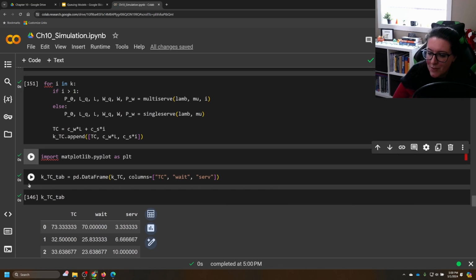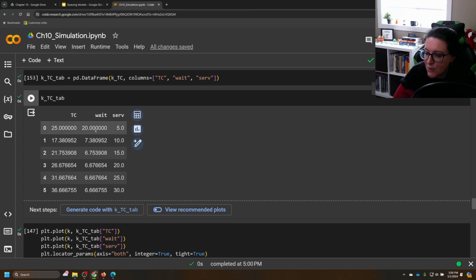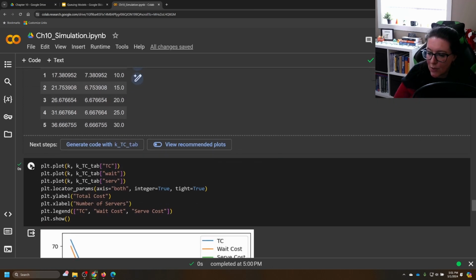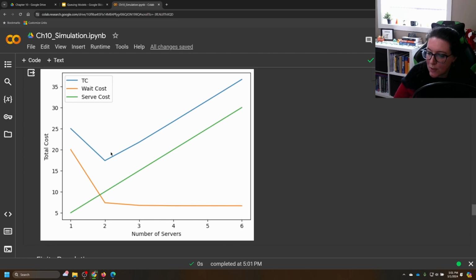Okay, so we can look here in this case, and we can see that after the first scenario here, the server is more expensive than the wait. And so we can then look at that graph here, and you can see total cost minimizes here at the number of servers, two. And in this case, the server cost is way more than the wait cost.